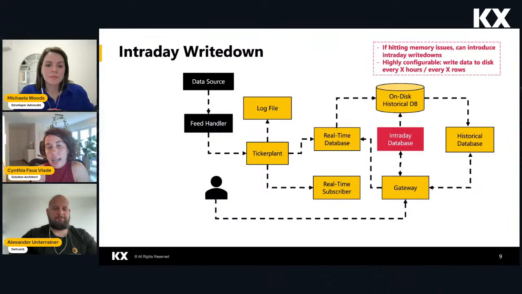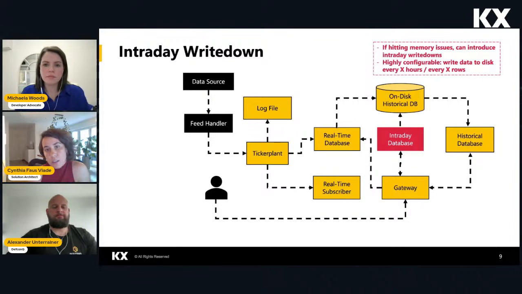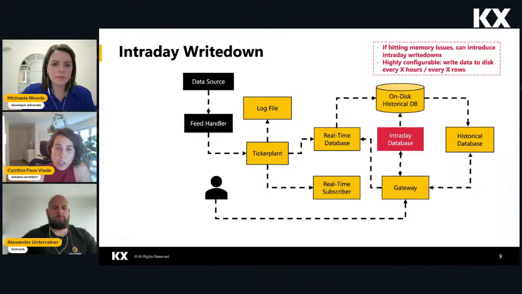So up until now, we've been talking about the real-time database holding all of today's data, and then the historical database holding everything before that point, so from yesterday and before that. Sometimes your data volumes are too large, or you don't have enough memory to be able to hold all of today's data in memory, and then you need to introduce this element in the architecture, which we call the Intraday database, to allow you to manage those volumes.